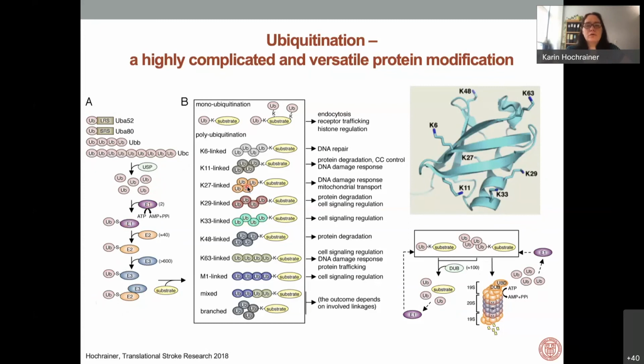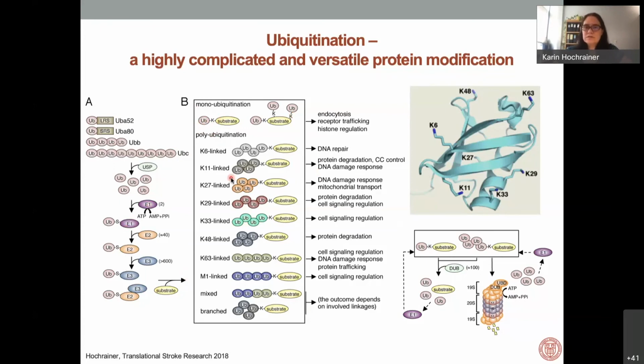What I really want to emphasize is that it can be attached to target proteins in many, many different ways. First of all, it's always attached to lysines, this K here. It can be attached as a monomer or multiple monomers, but it also can form chains.